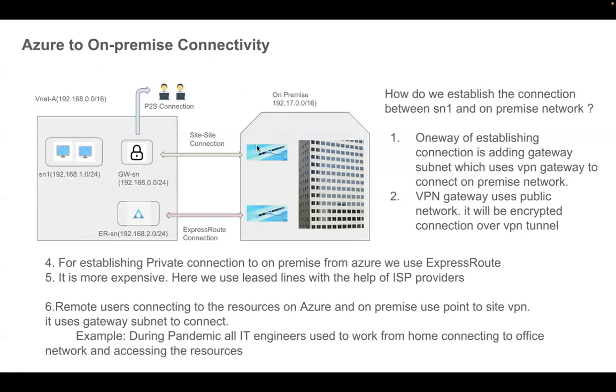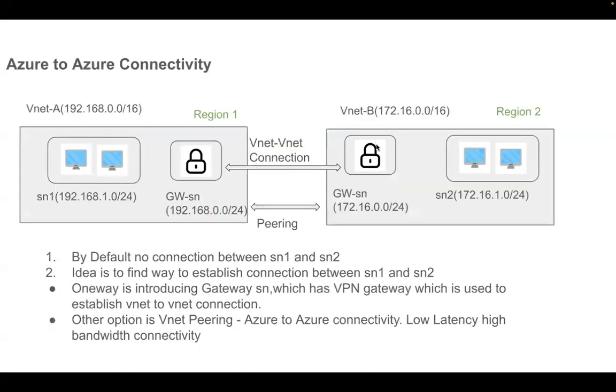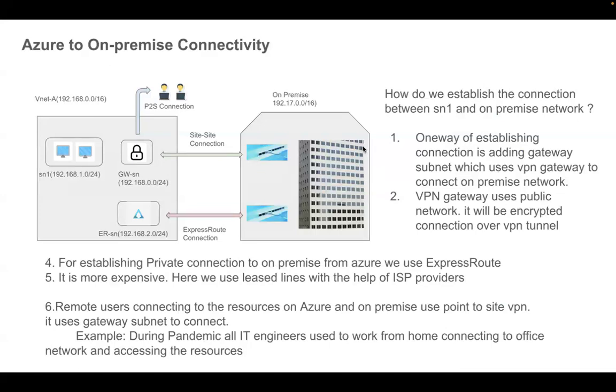Instead of VNet B on Azure, here we have on-premise. So basically here we are trying to connect our virtual network, the network on Azure, with the network on-premise. And you see here the gateway subnet, and here the express route subnet.